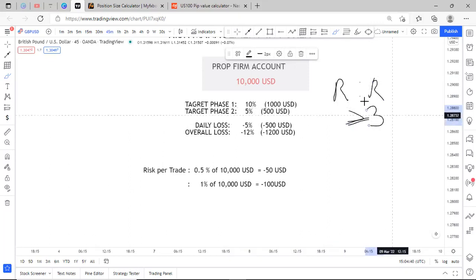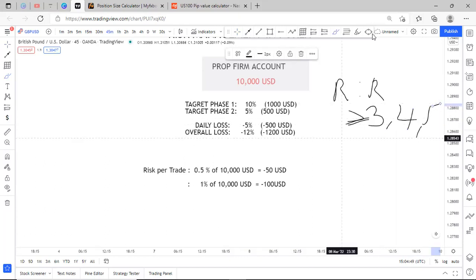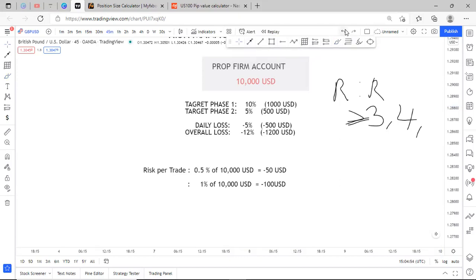Always make sure it is over 3 RR. You can have 4 RR, 5 RR, up to 100 RR as you wish, okay? But always make sure your reward is always more than or equal to 3.